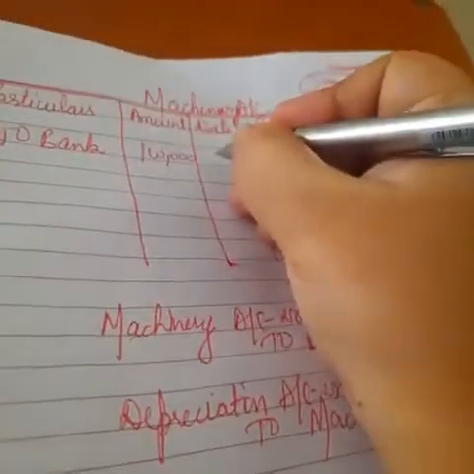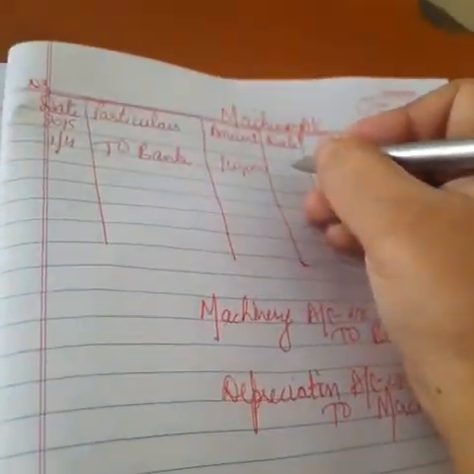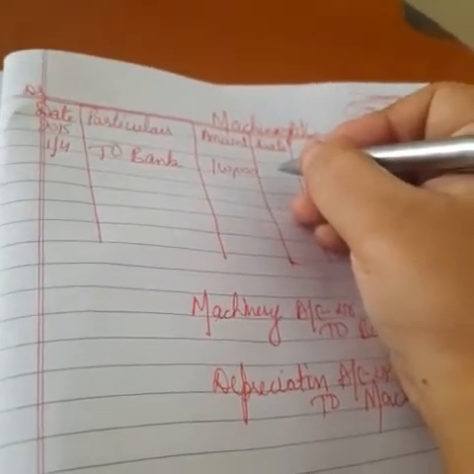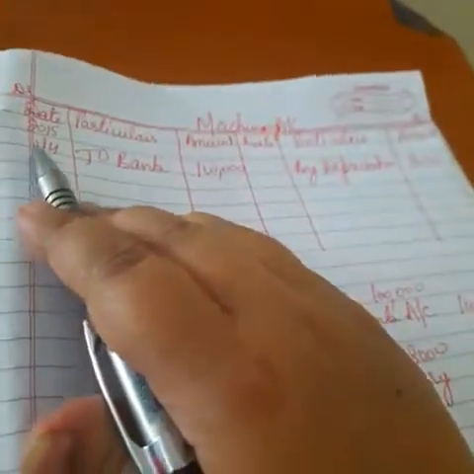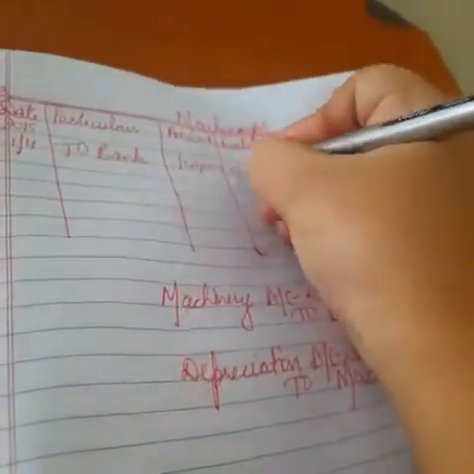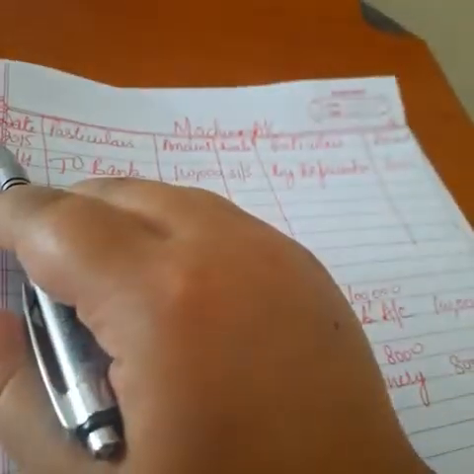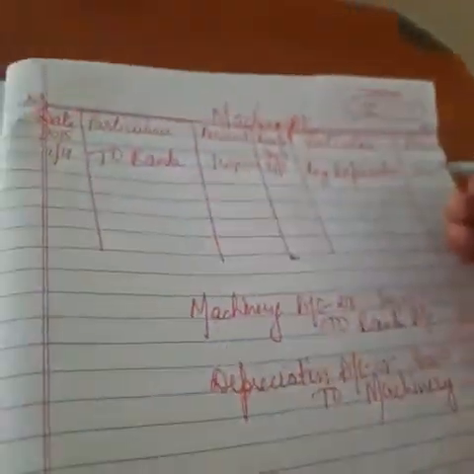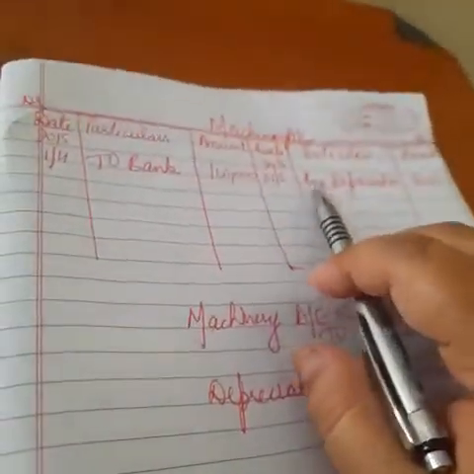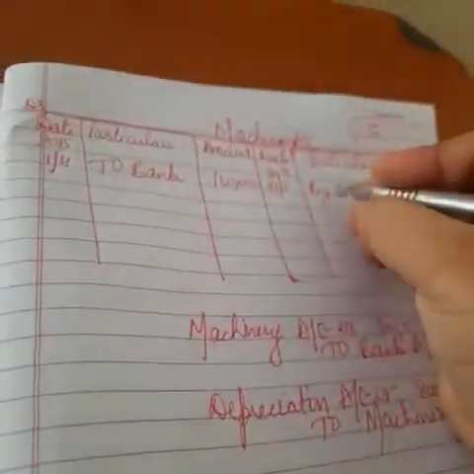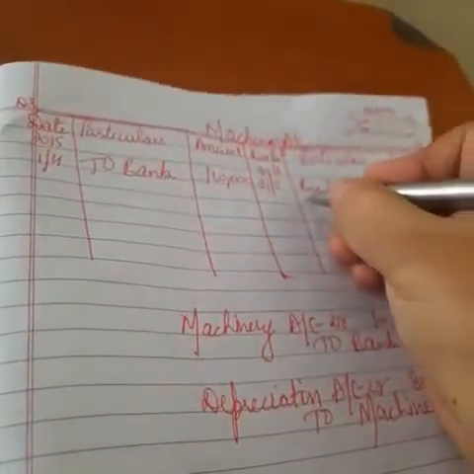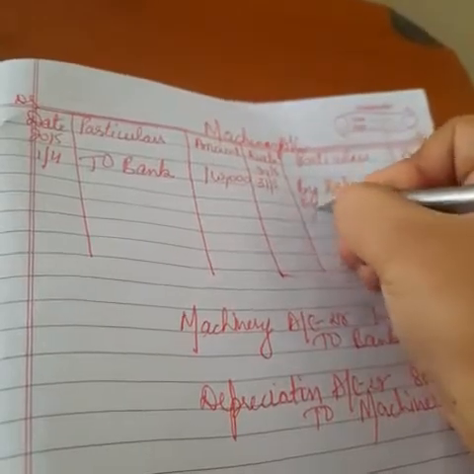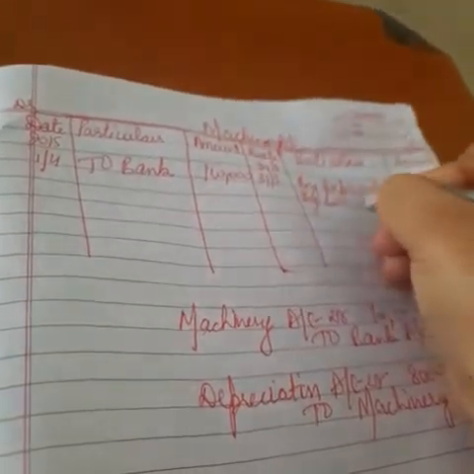Now you know that if the firm is following accounting year, then if the period starts on 1st 4, then it will end on 31st March. Then if it is started in 2015, then it will end at 2016. Right? So this is how you have to write down by depreciation. Now the value of an asset at the end of the year by writing by balance carried down, CD.